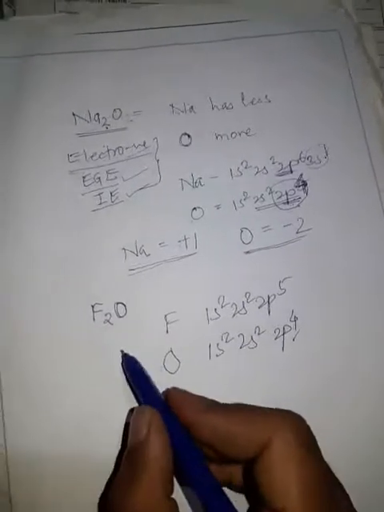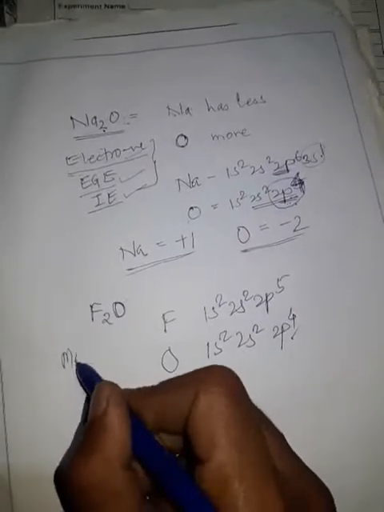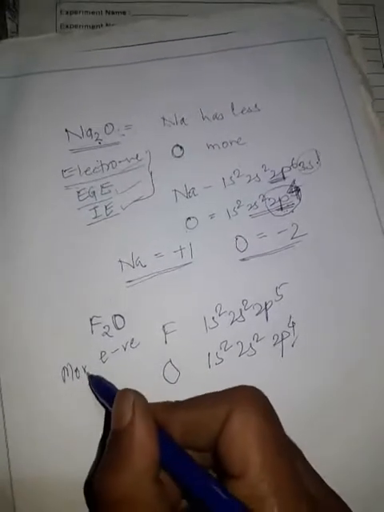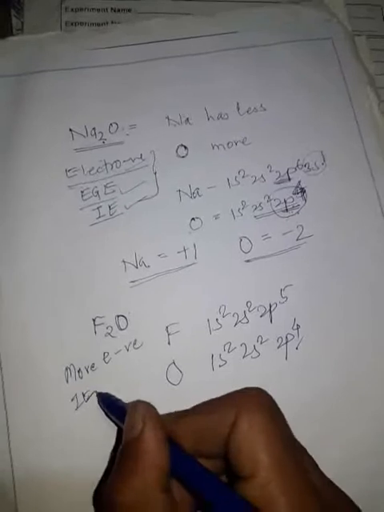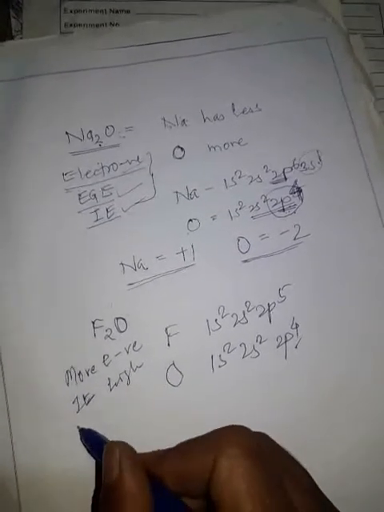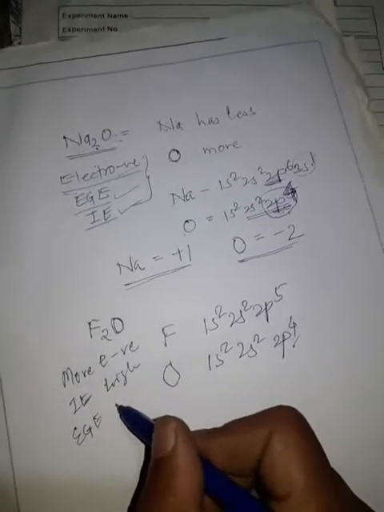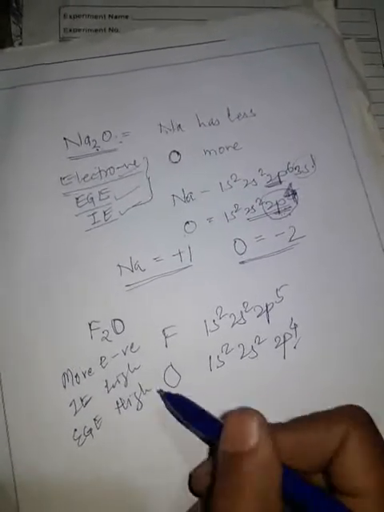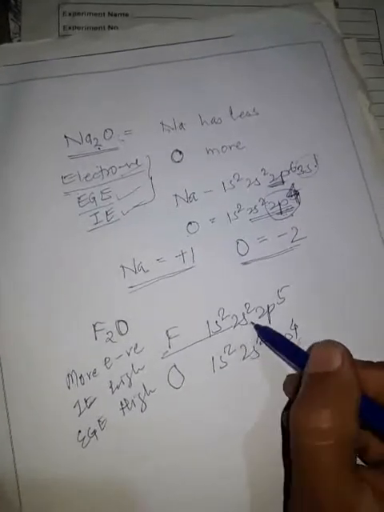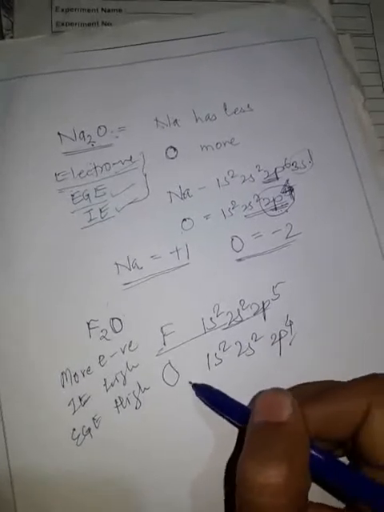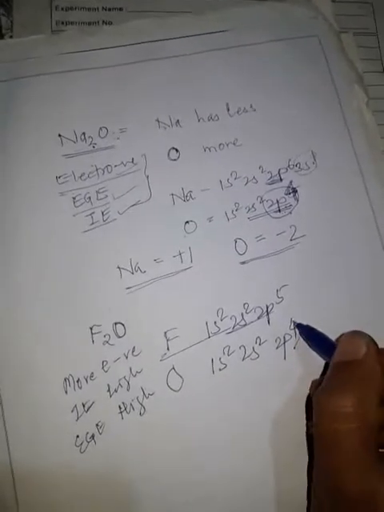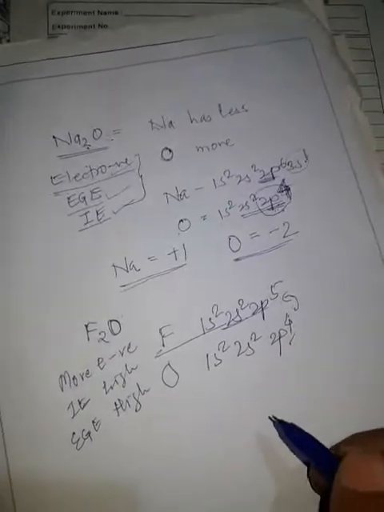But in this case, if you observe, fluorine is more electronegative, the ionization enthalpy of fluorine is high, and electron gain enthalpy is also high. Fluorine has high values of electron gain enthalpy, ionization enthalpy, and electronegativity, and that's why fluorine is now going to accept electrons from oxygen.